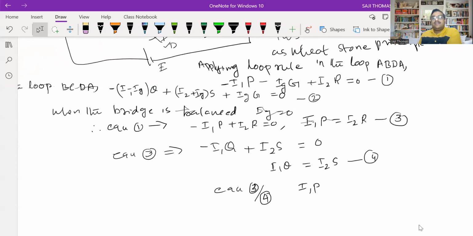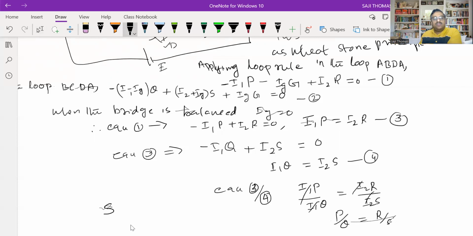I1P by I1Q equals I2R by I2S. Cancelling I1 and I2, you will get P by Q equals R by S. From this equation, we can find the unknown resistance S. S is equal to R into Q divided by P. So we can determine the unknown resistance.